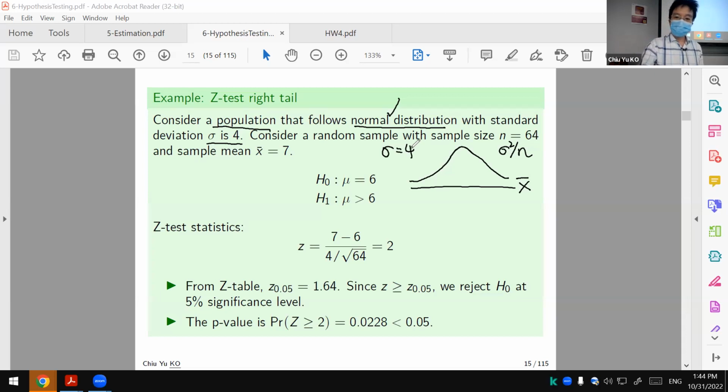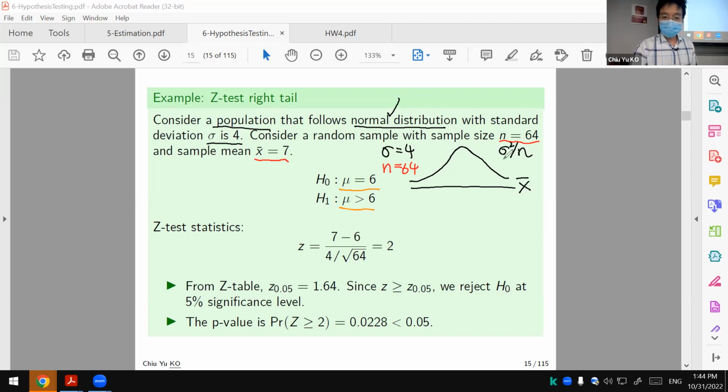The second sentence says we have a sample of size n equals 64, and we have sample mean x bar of 7. Look at the things we want to check. We assume mu is 6, and the alternative is mu bigger than 6.